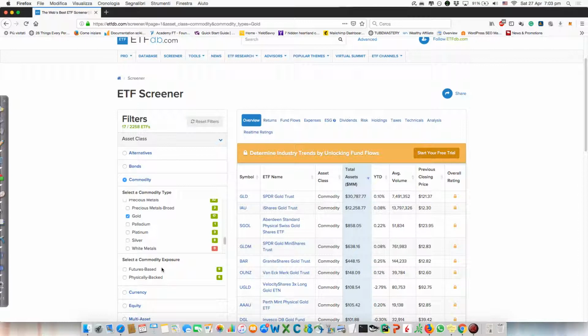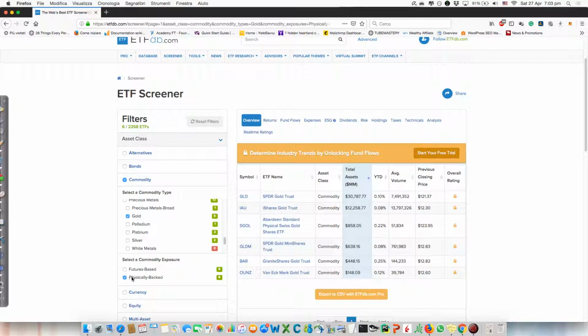The first one is basically tracking gold not directly, but using derivatives, the futures. In my opinion, in a long-term investing portfolio, it is better to have the physically backed one, because you don't really know what is going to happen in case there is a lot of volatility, some kind of recession. You don't know how the futures-based one will behave.